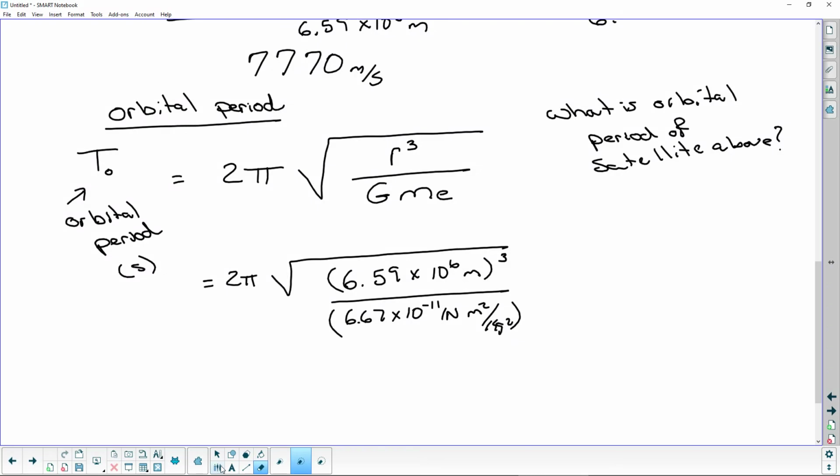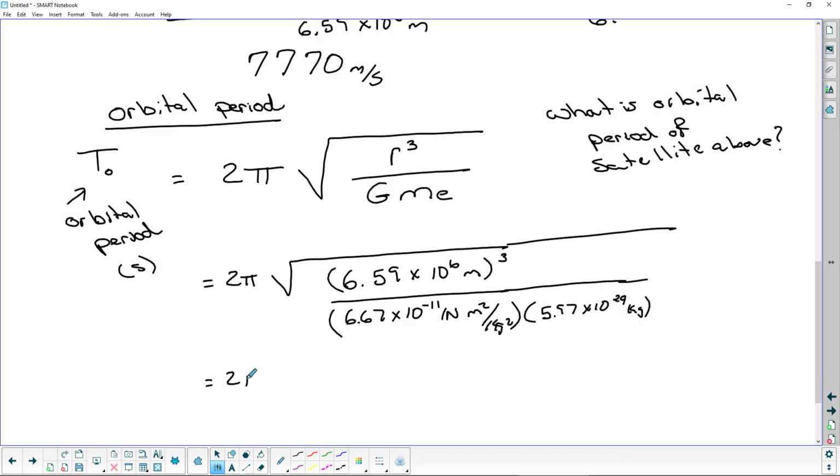Okay, and then we know what the mass of the Earth is. Okay, so we want to find out what everything is and then multiply by 2 pi under the root sign.